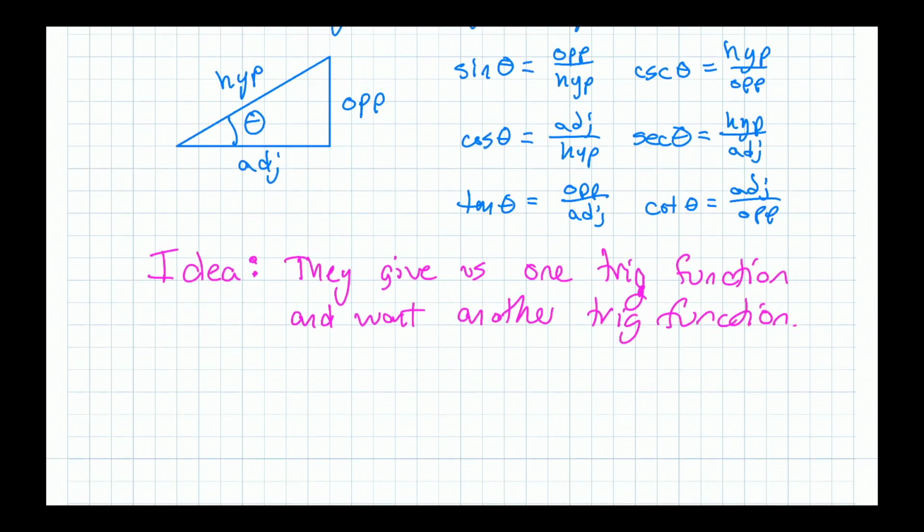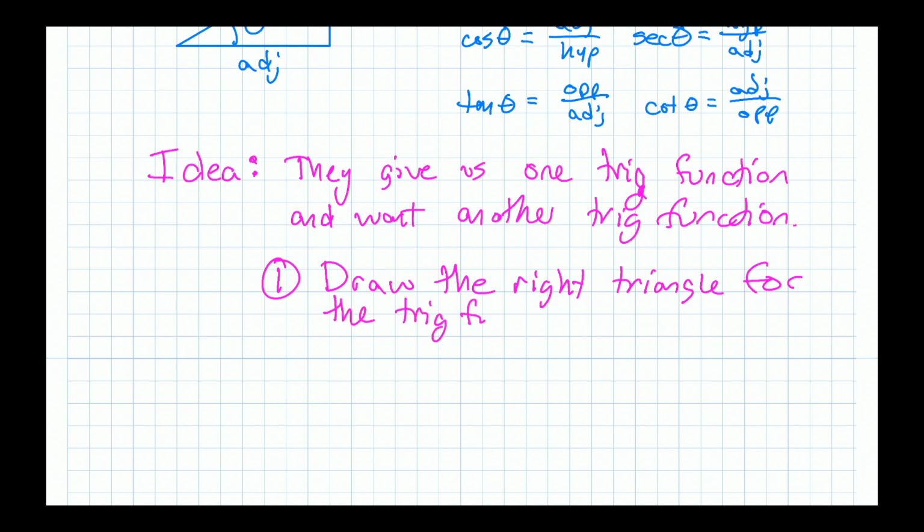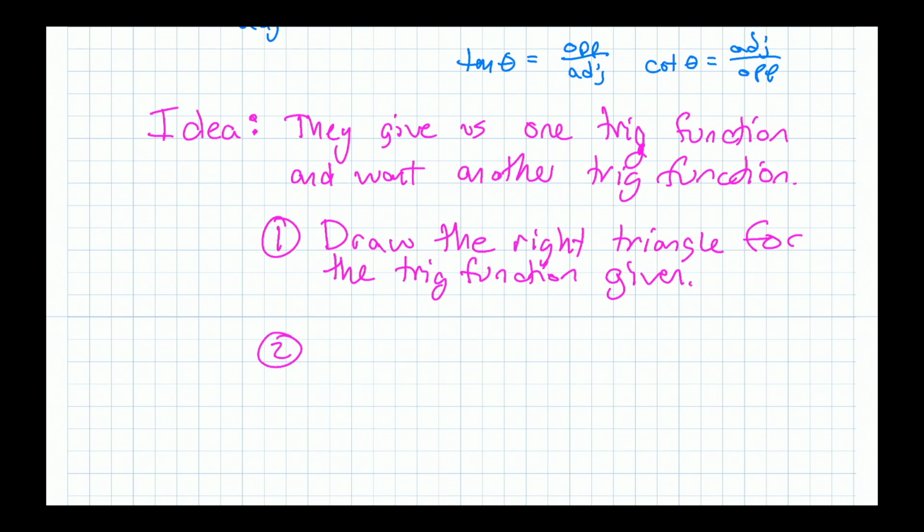Right? What you're going to do is draw the triangle that corresponds to the trig function that they gave you. The right triangle. Draw the right triangle for the trig function given.